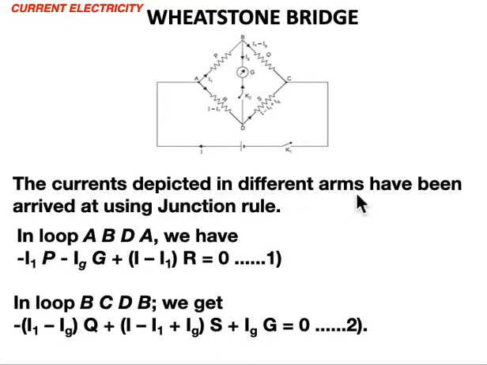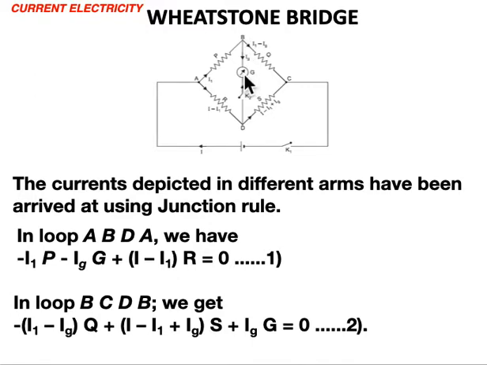The currents depicted in different arms have been arrived at using junction rule. Here this is the current source. If you take I as the current from here, here it will be divided into 2 parts, I1 in this direction through arm P and remaining I minus I1 through arm R. At B, the current is again divided into 2 parts.